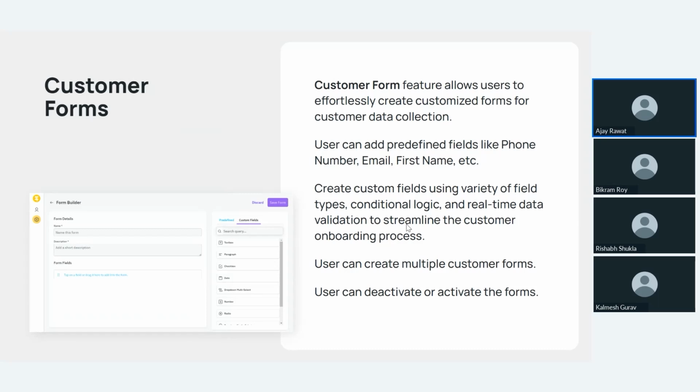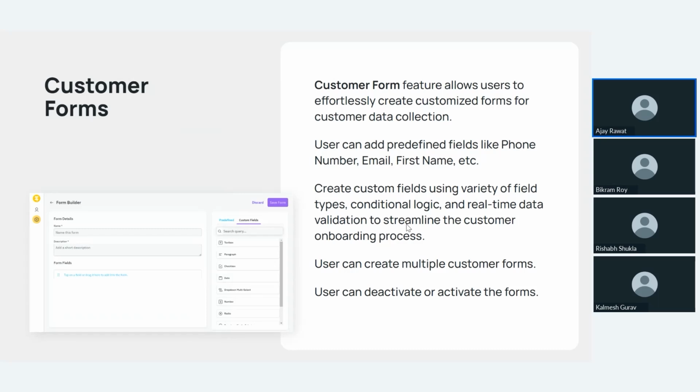But if someone wants to add any field into that customer form, that option is not there. So with this feature, we can create a separate form with any field that we want, connect that form with a sales channel, and that sales channel will show the form with all those required fields that we have made in the form.